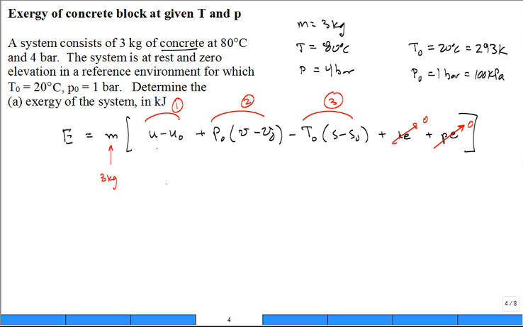So this is the specific internal energy of the concrete at that temperature of 80 degrees C and pressure 4 bar, right? So how do I calculate that? All right, let me pause for a minute and let you think about this and write down some things, and I'll go around and check on you.